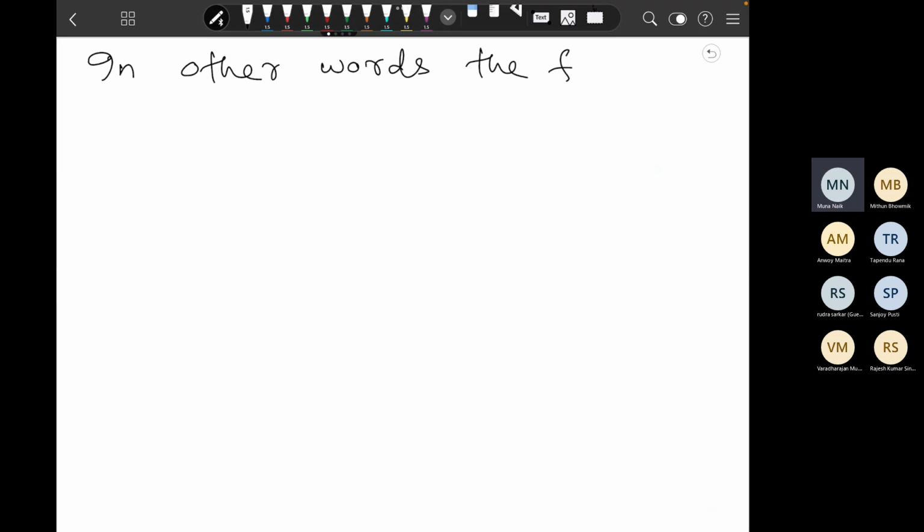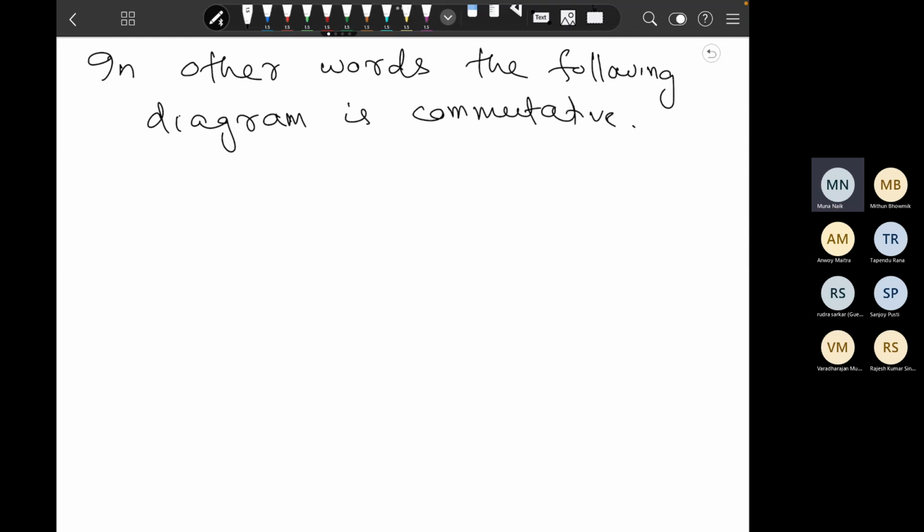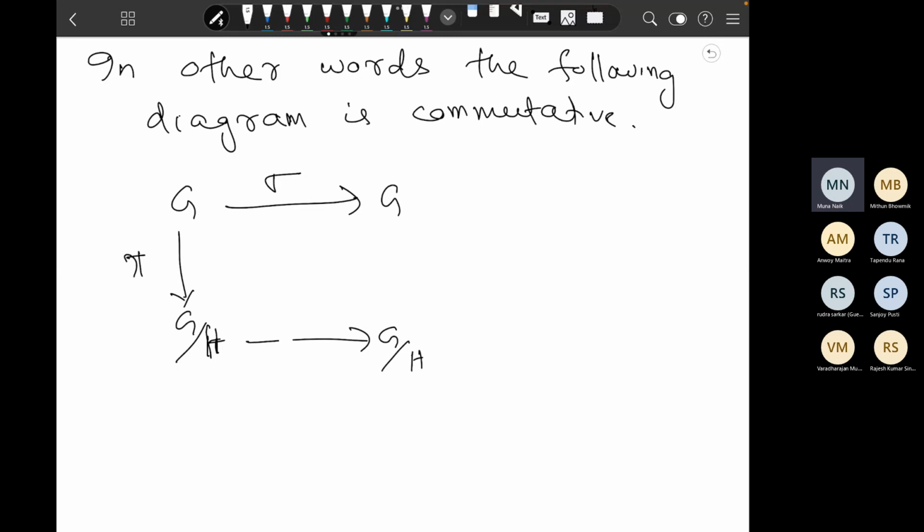the following diagram is commutative. So this is the map sigma from G to G, this is the projection pi, to G mod S. There is a mapping here S0, and this is the projection pi.